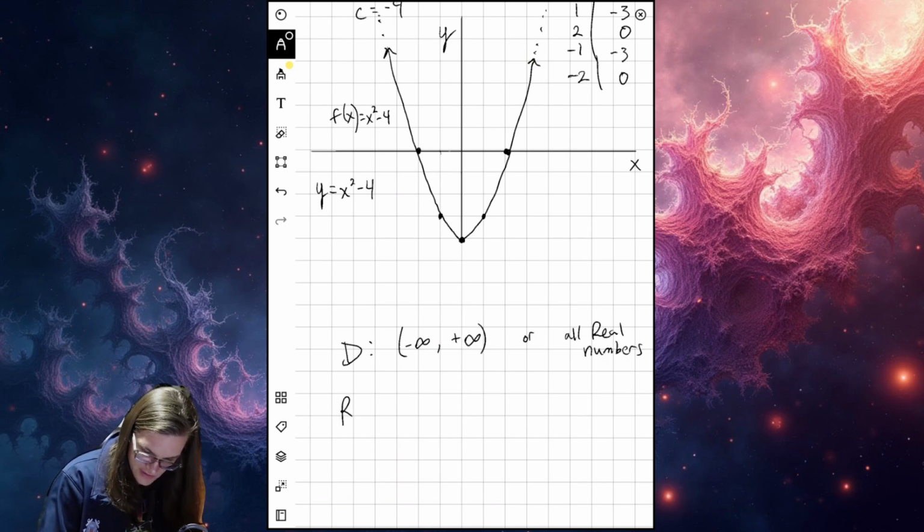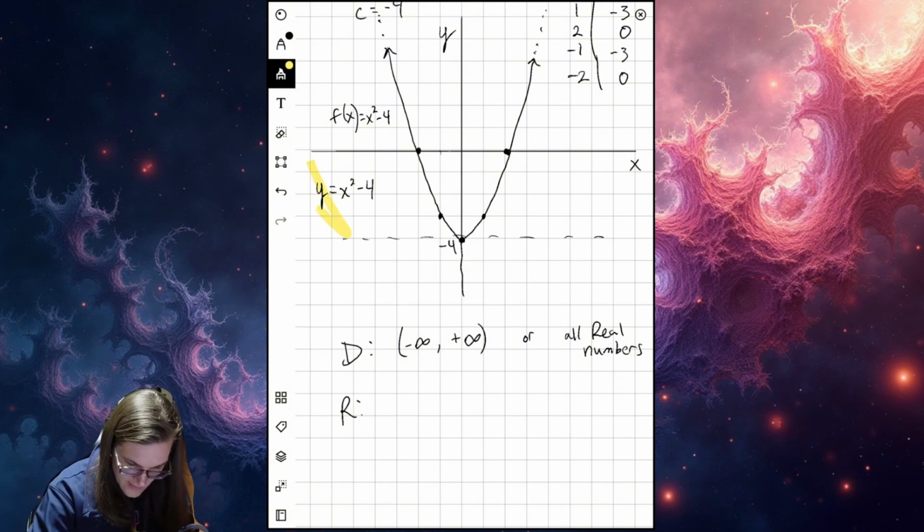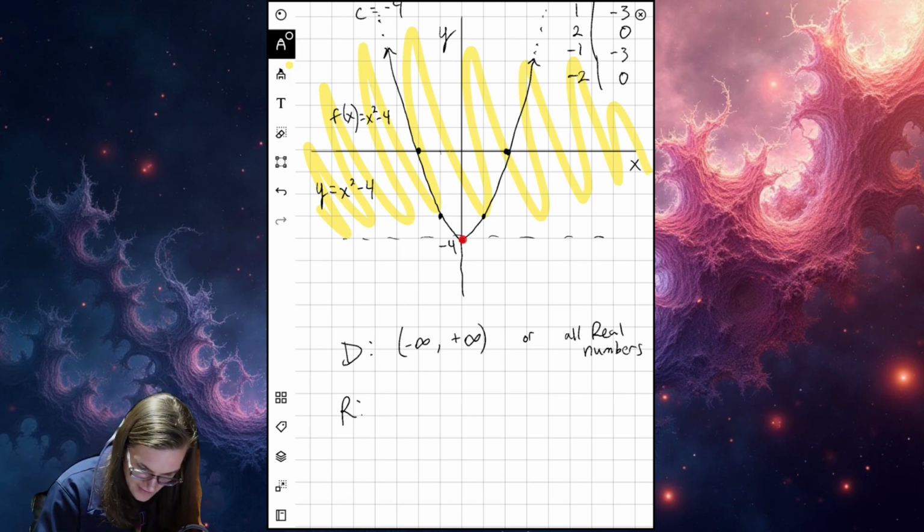And the range, right? This 1, 2, 3, 4, this is negative 4 down here. The range is all real numbers that are above this negative 4. And if you see, it actually includes the negative 4. So all real numbers above this y equals negative 4 line, this dotted line is y equals negative 4.